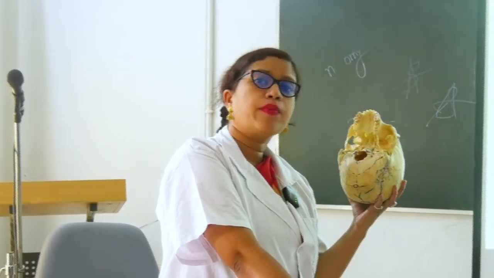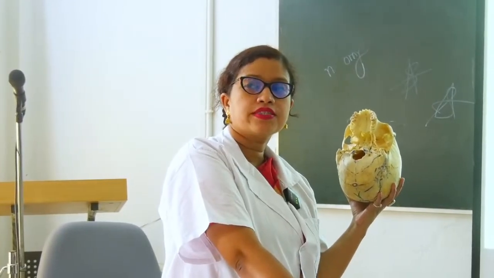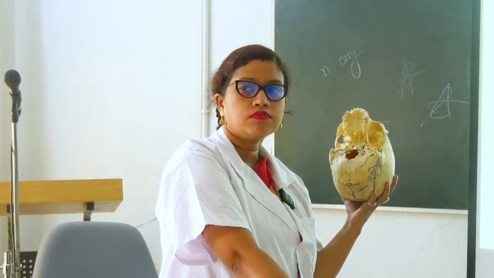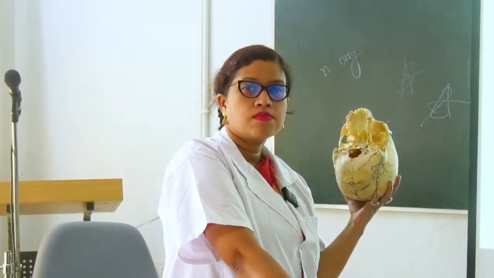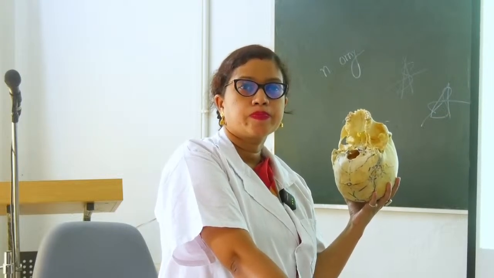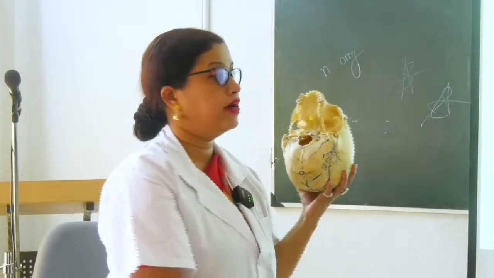What will pass through the incisive foramen? Do you know what can pass through the incisive foramen? So there are some branches of maxillary nerve. Okay, branches of maxillary nerve.